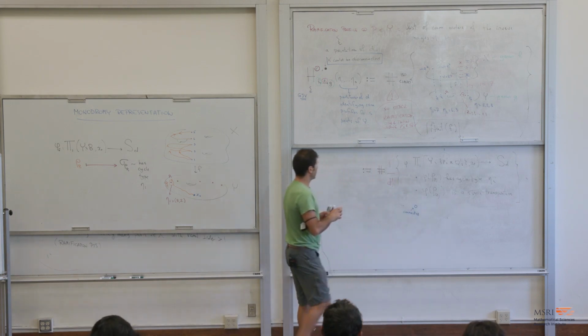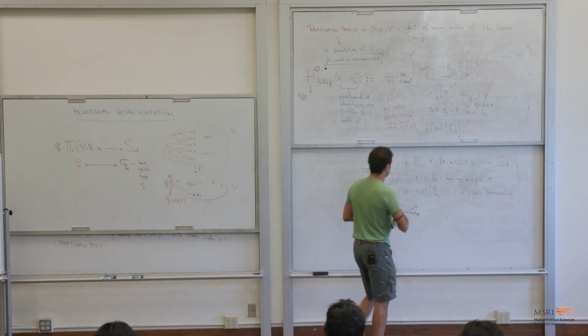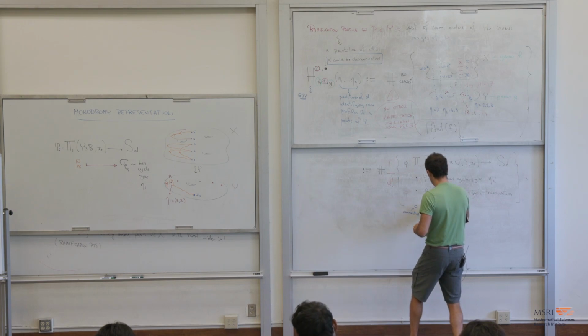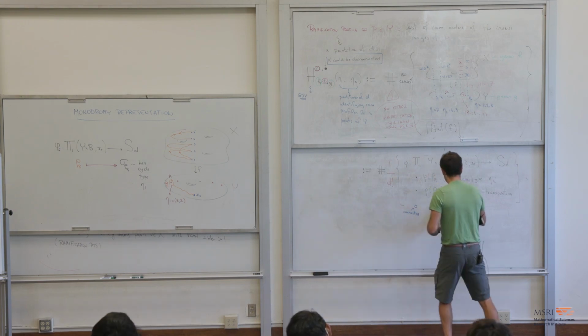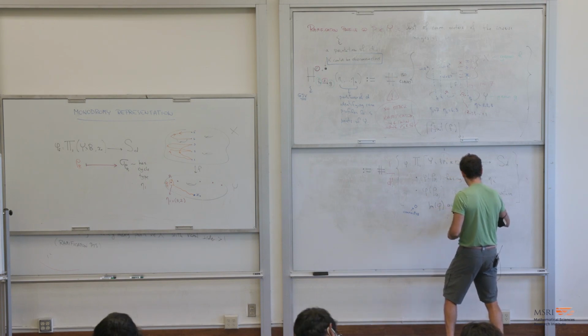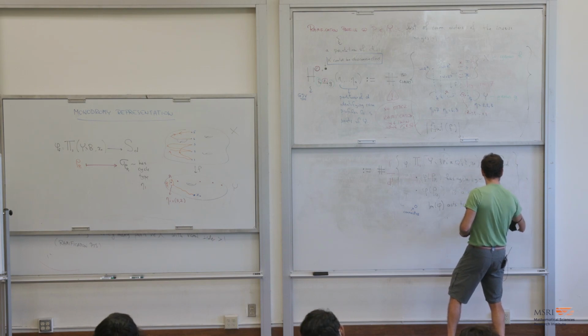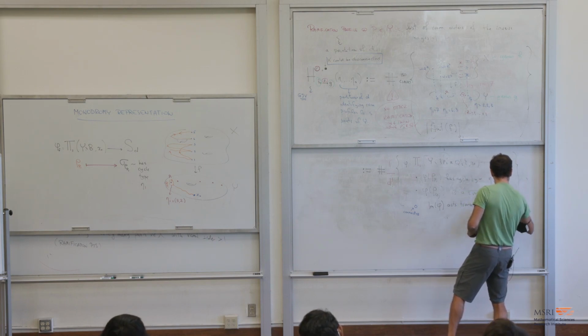If you want to count connected covers, then what you also want to ask is that the image of phi acts transitively on the set 1 to d.